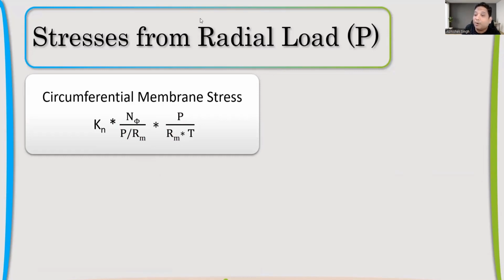Why? What the WRC committee has done is that they have found a relation between the circumferential membrane stress and the radius of that cylinder.